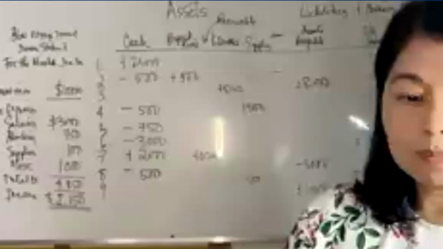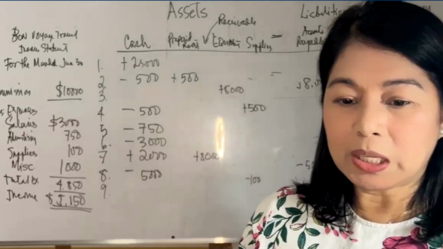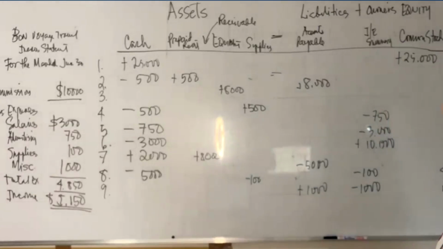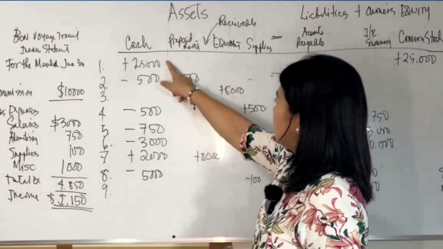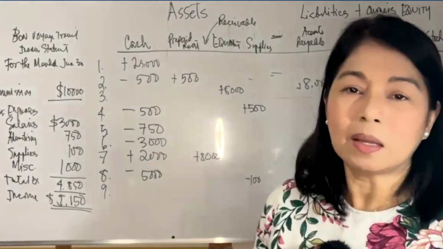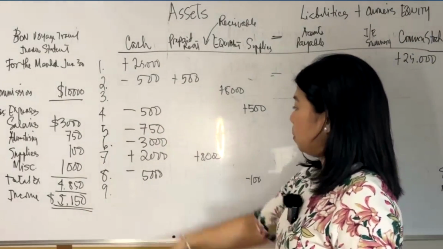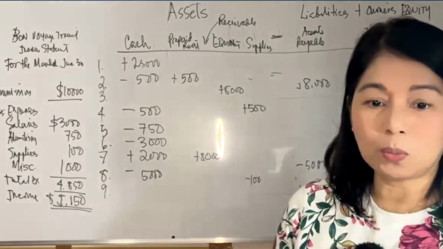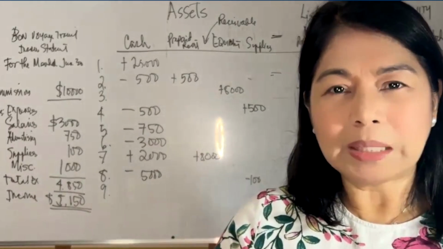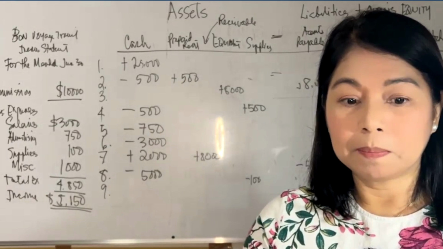We finish. Explain now why the change in the cash is not the same as the income. The change in cash, again, there's a lot of investment by the owner. That does not appear in the income statement. So they have a lot of cash, still a lot of cash compared to the net income of only 5,150. Again, we will take that up in the statement of cash flows.